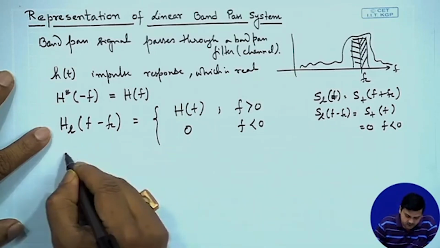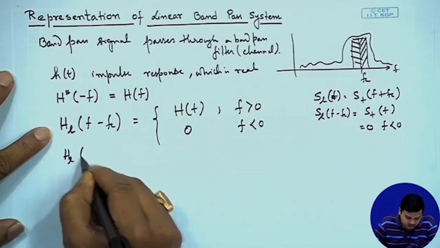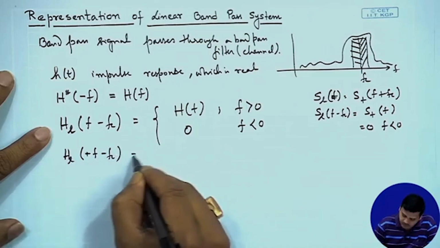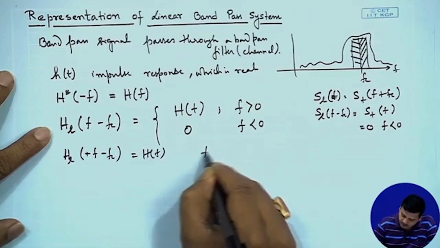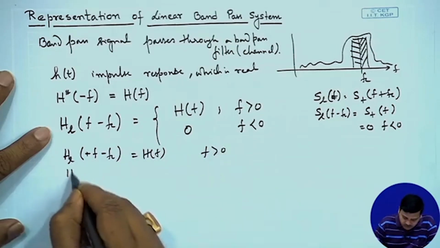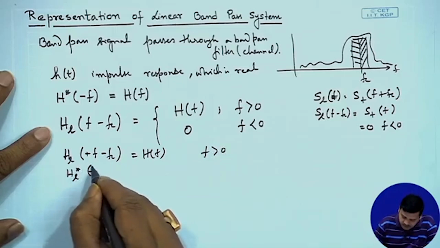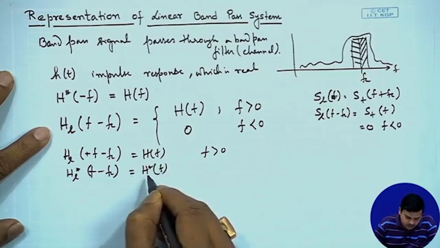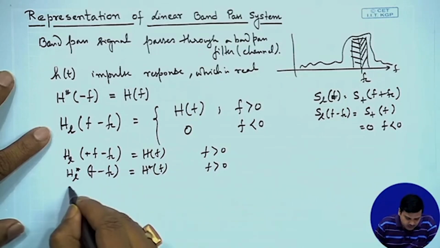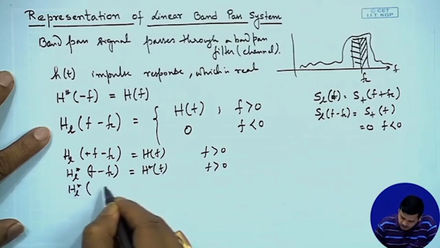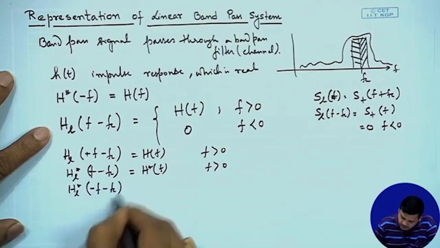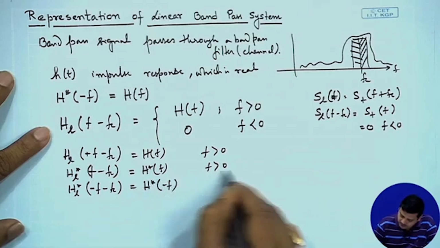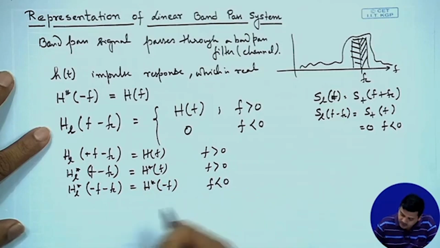have, for example, if you would say we want to actually go through the steps, H_L of f minus f_c we have already written equals H of f for f greater than 0, and you could say H_L conjugate of f minus f_c is equal to H conjugate of f still for f greater than 0, and then you could say H_L conjugate of minus f minus f_c is equal to H conjugate of minus f; greater than 0 would mean f less than 0.